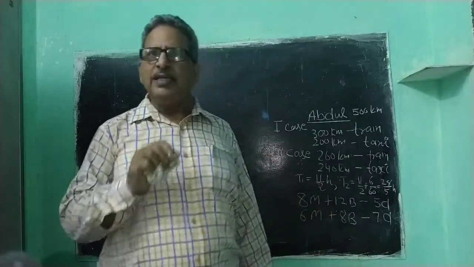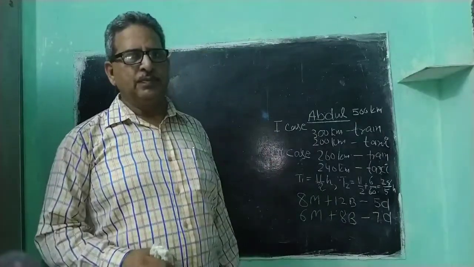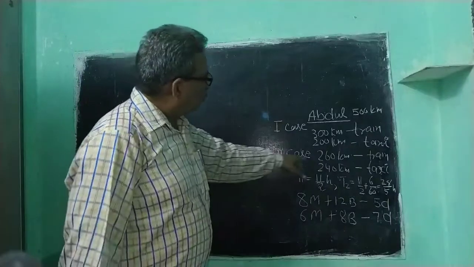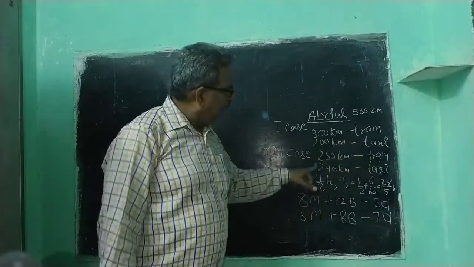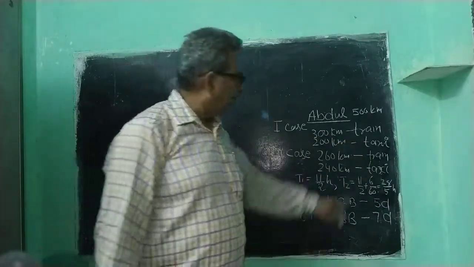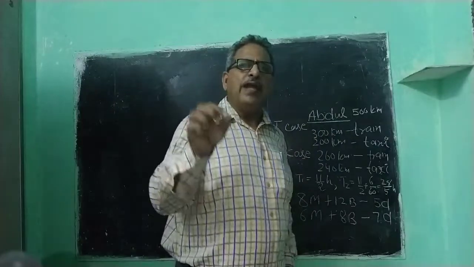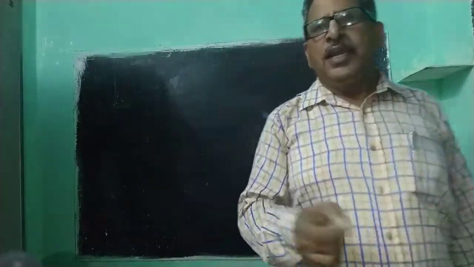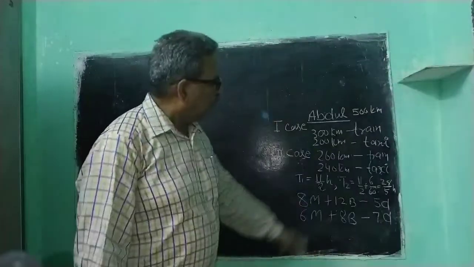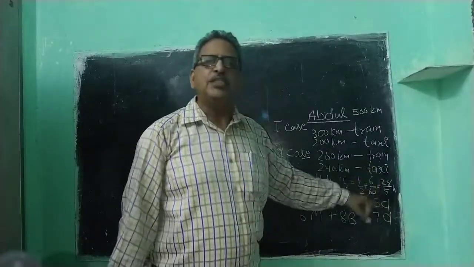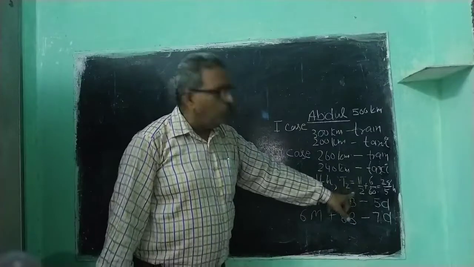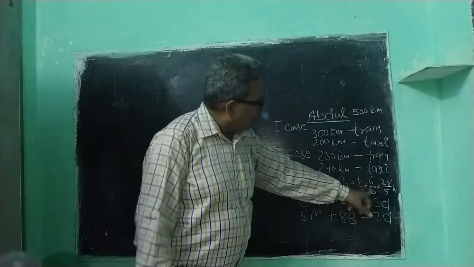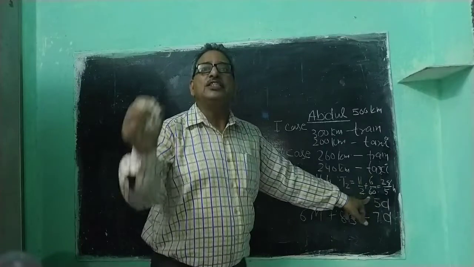Clear? In the second case, he traveled 260 kilometer by the train and 240 kilometer by the taxi. When he did this, he took 6 minutes more than the earlier one. So I got 11 by 2, the initial time, added to 6 by 10, that is 6 minutes.